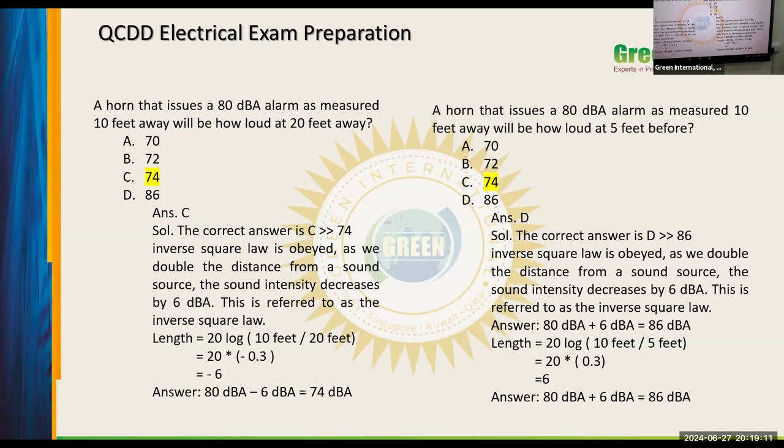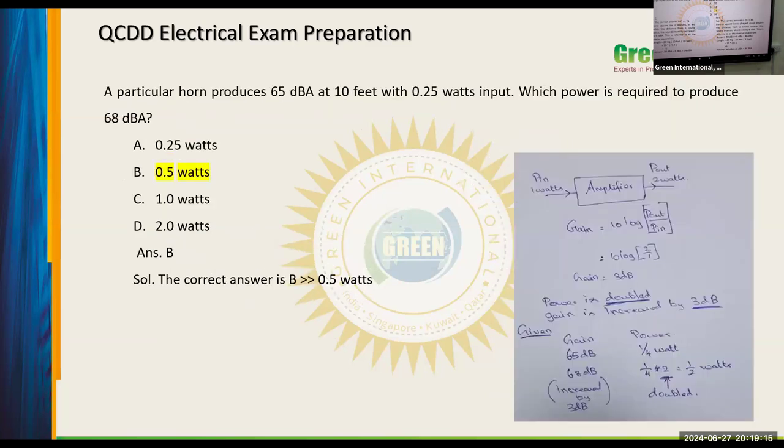They didn't ask these questions because we would need to do calculations, using the log formula, putting in the values. Yes, in my exam I had that question, but they rarely ask these questions.